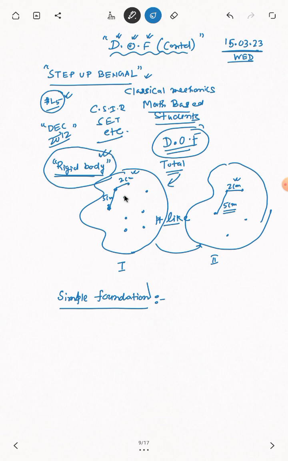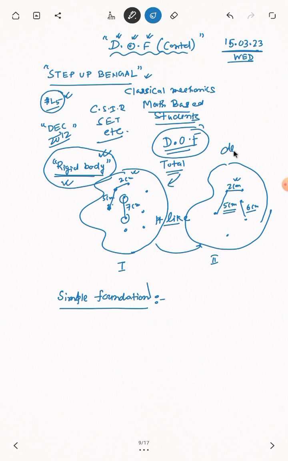That means a body where the distance between any two particles will be fixed when it moves from one position to another. So in a previous picture, if the distance between these two is 7 centimeter, and now in the new position it becomes 6 centimeter, then we cannot call it a rigid body.